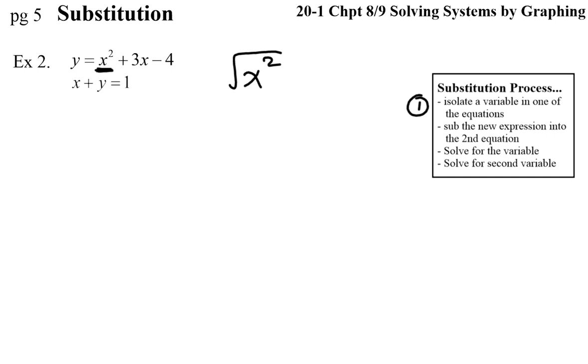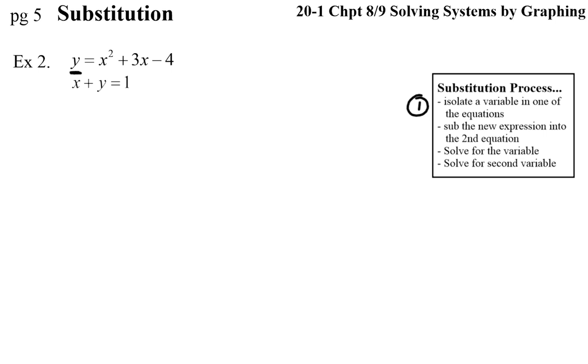So please don't isolate squared terms. In this case, we could isolate, well, look at that. The y is already isolated. We could also, if we want to do a bunch of work, isolate the x. But like I said, that y is already isolated right off the bat, so we don't have to do anything.